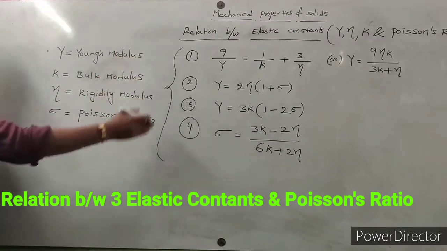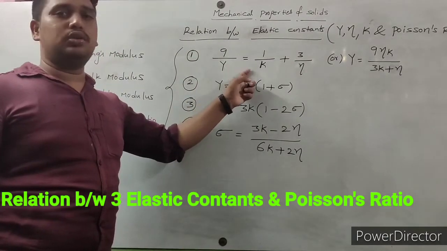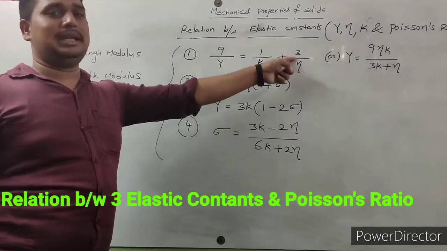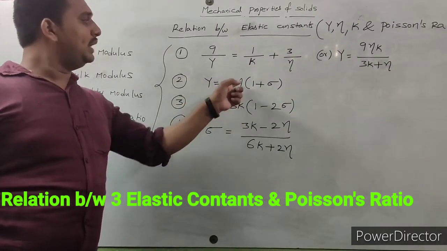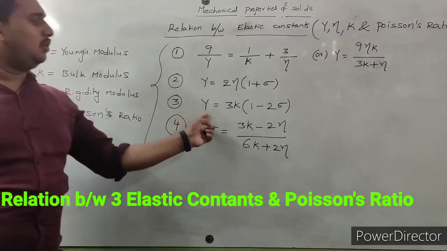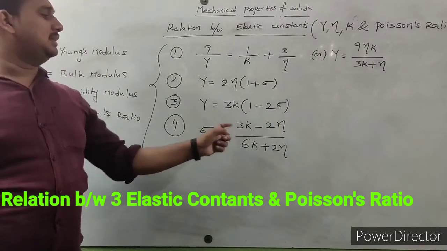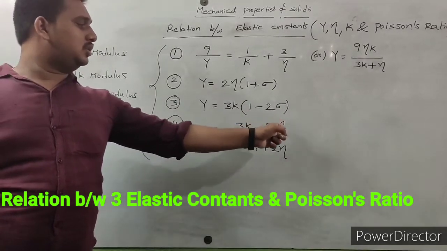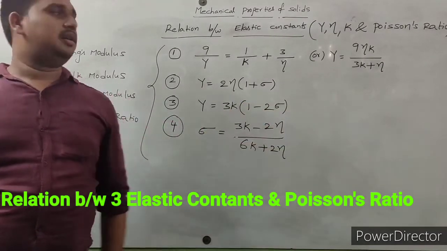So these are the four important relations. First one is 9 by Y is equal to 1 by K plus 3 by eta. Second relation is Y is equal to 2 eta into (1 plus sigma). Third relation is Y is equal to 3K into (1 minus 2 sigma). Fourth, sigma is equal to (3K minus 2 eta) by (6K plus 2 eta).